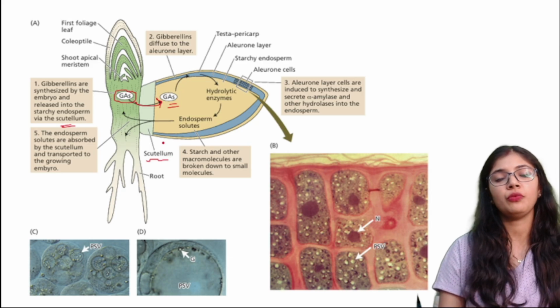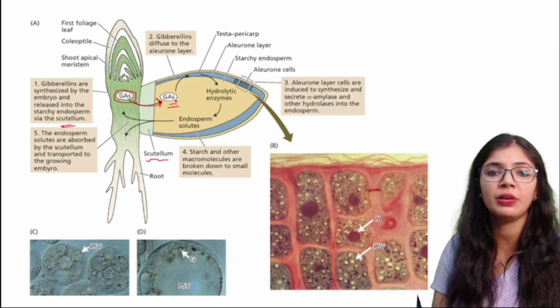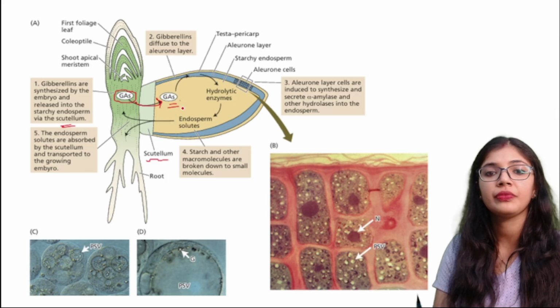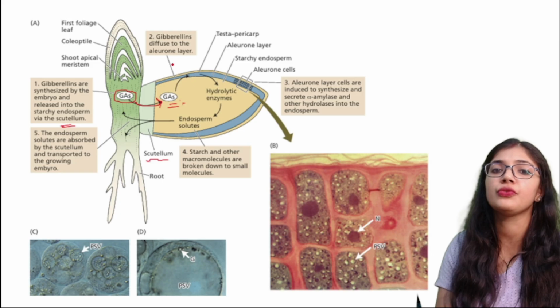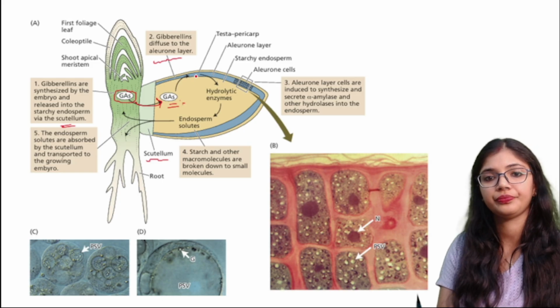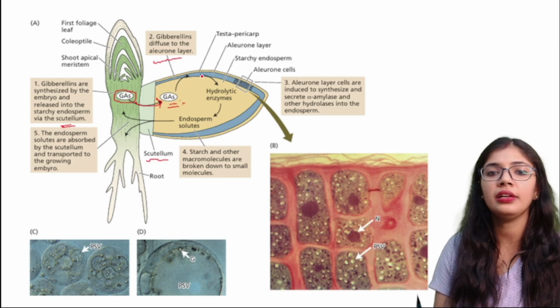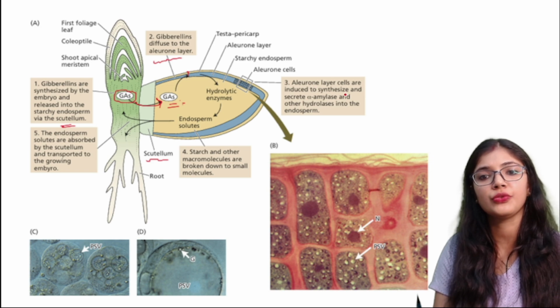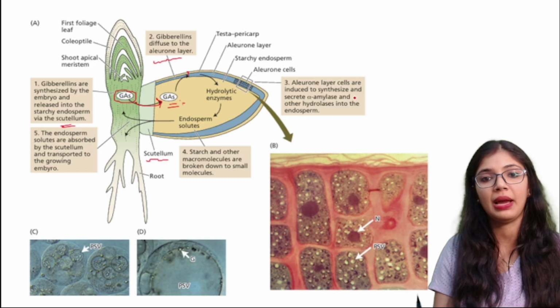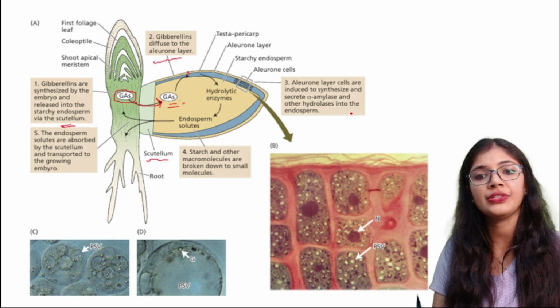Now this gibberellic acid which is present in the endosperm is diffused into the aleurone layer. The aleurone layer is induced to synthesize and secrete alpha amylase and other hydrolases into the endosperm.